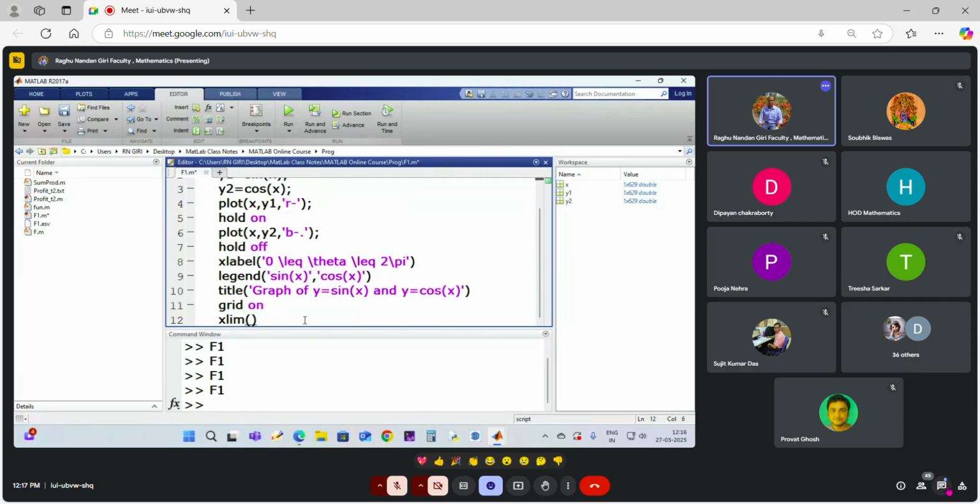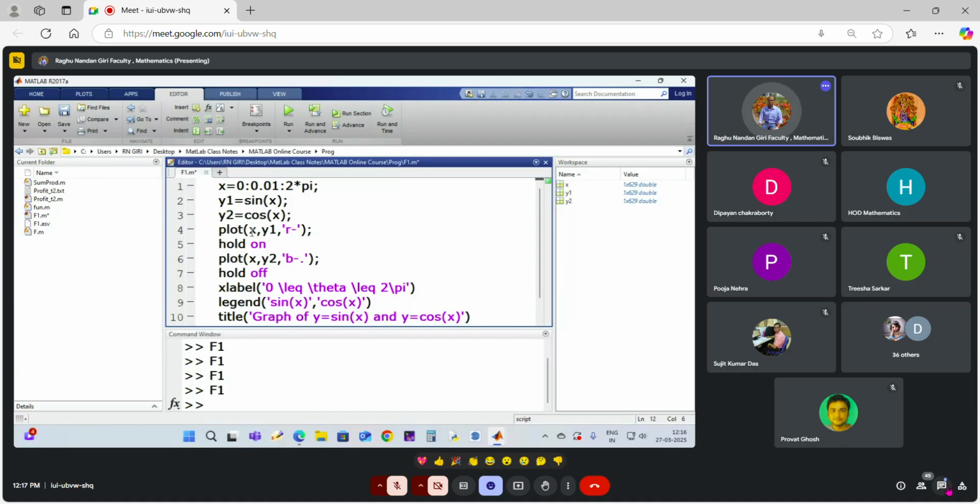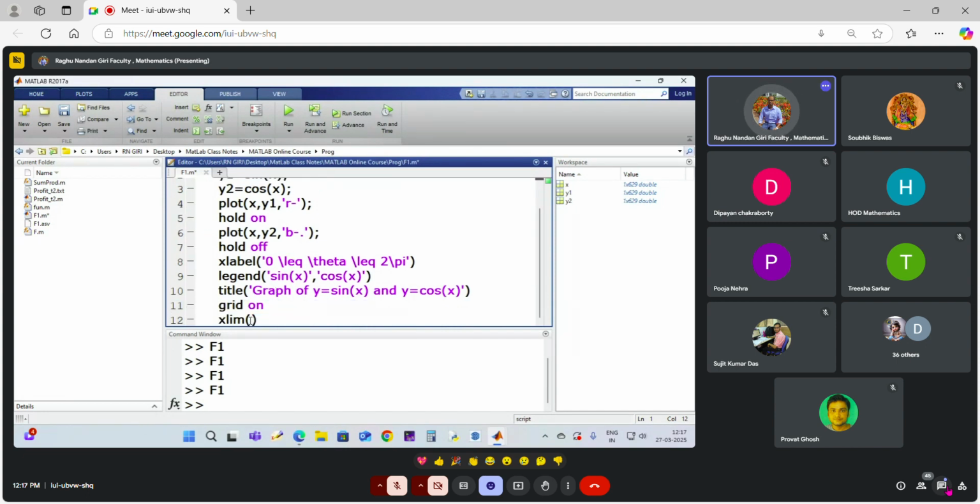The range of the x vector is 0 to 2 pi, but I want only 0 to pi. So I put the lower value and upper value. Lower value is 0, upper value is pi. Okay.